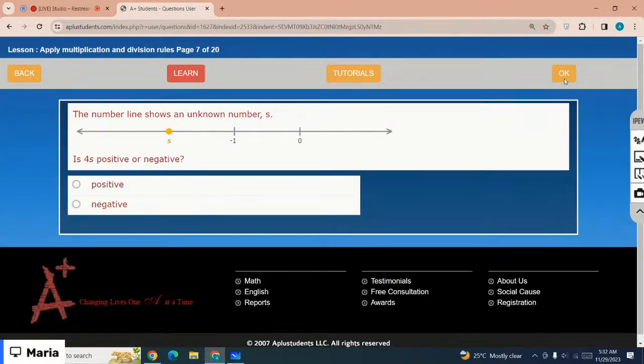The number line shows an unknown number s. Is 4s positive or negative?